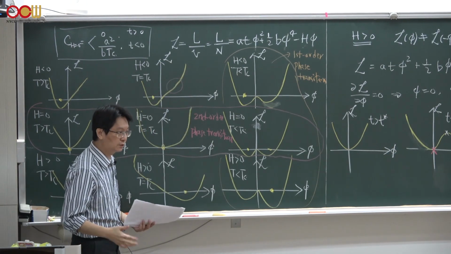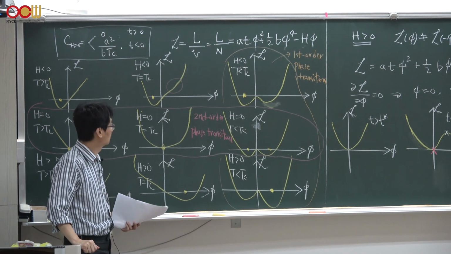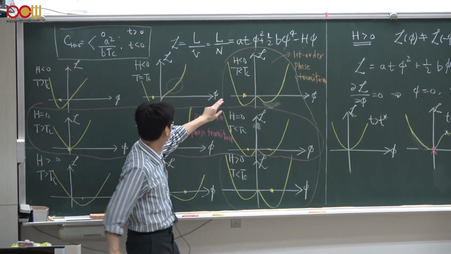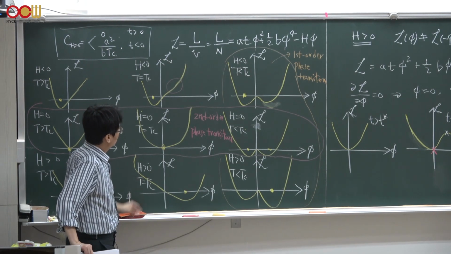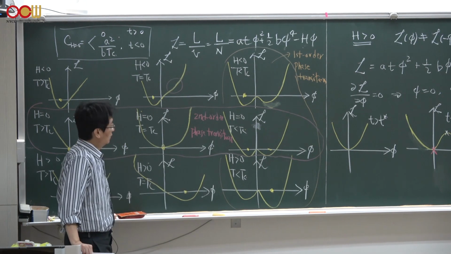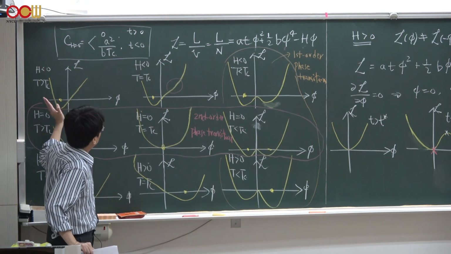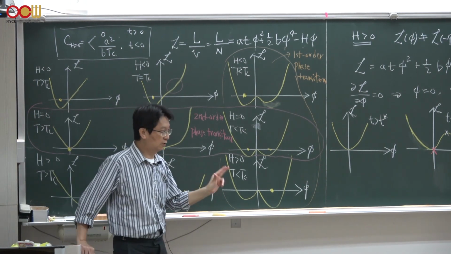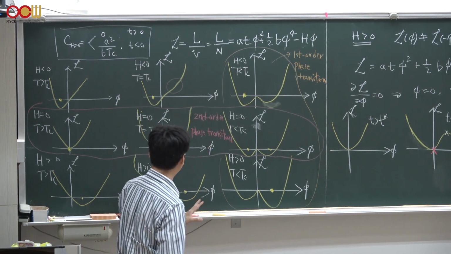There seems to be a second minimum, or local minimum, that develops right here on the positive side of phi. But when T is less than Tc, this twist and turn on the positive side of phi becomes a true local minimum. Okay, but you still have another minimum, which is the global minimum on the negative side. In other words, when the field is negative, the shape of L goes from a single minimum to a double minimum. All right, so we'll come back to this in just a moment.